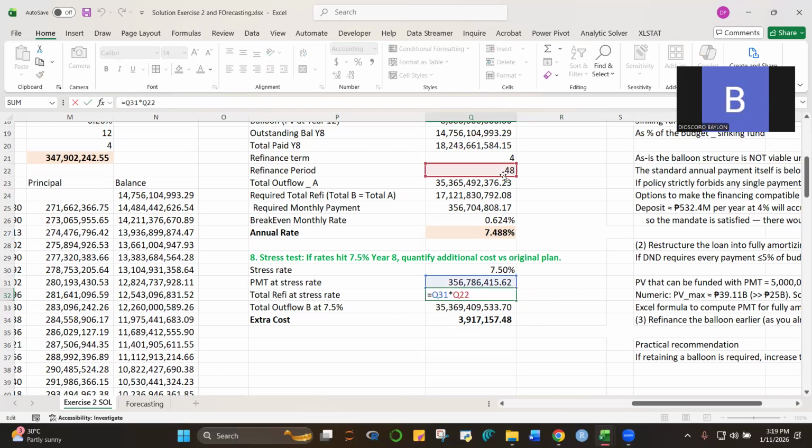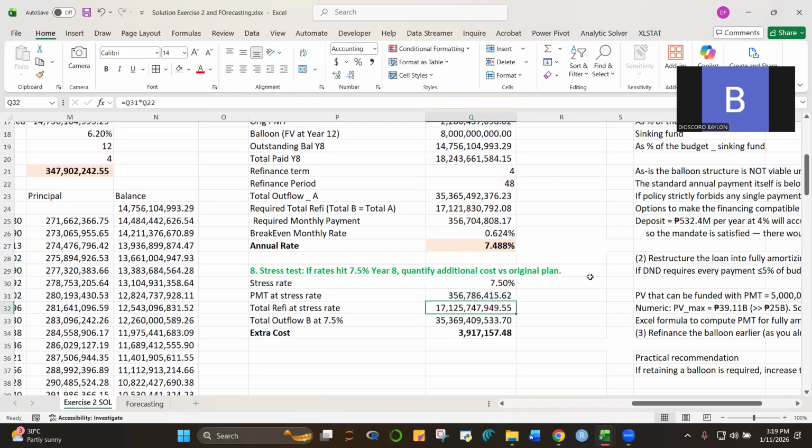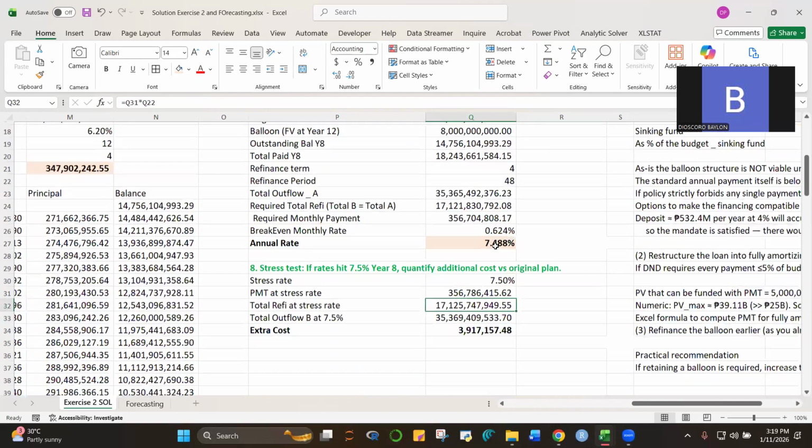The total will be 48 times 356. The total amount we will pay now is 17,125. If we compare this with the difference.